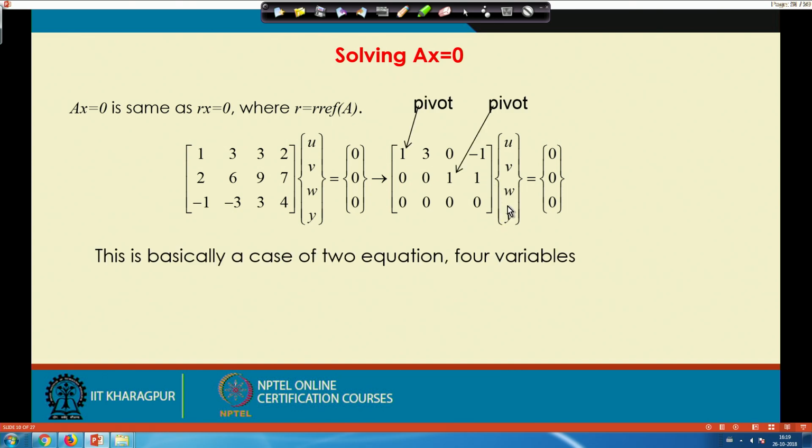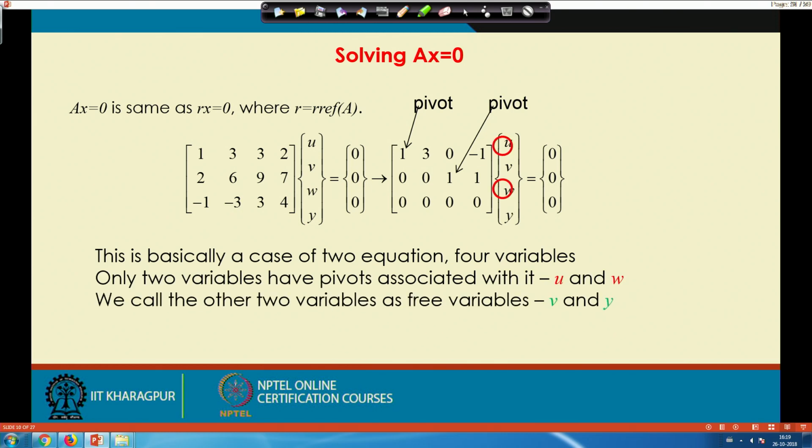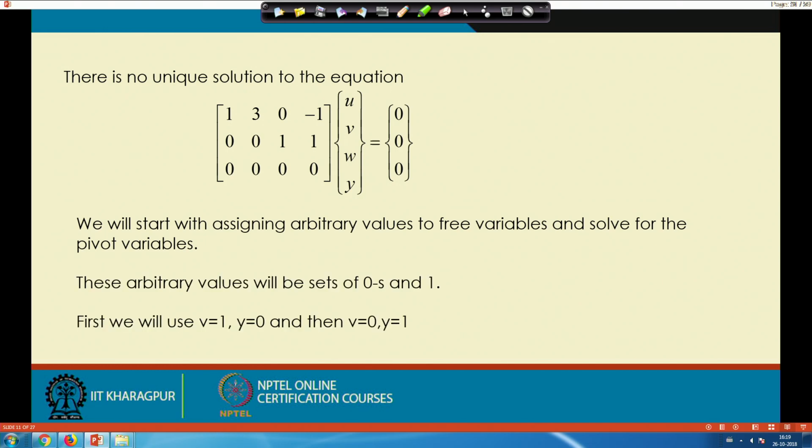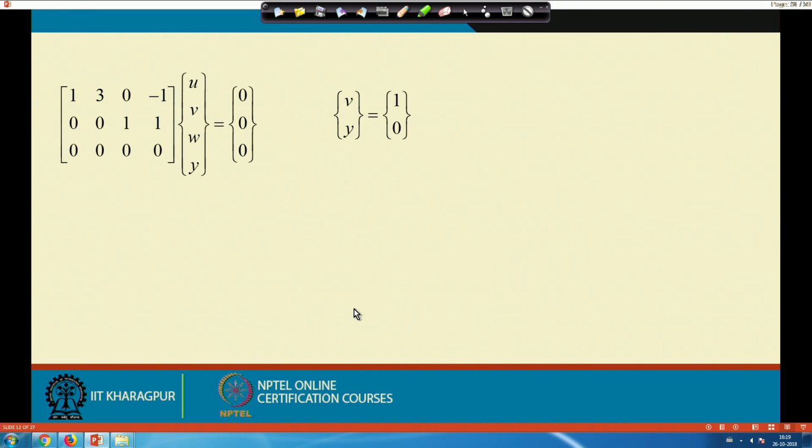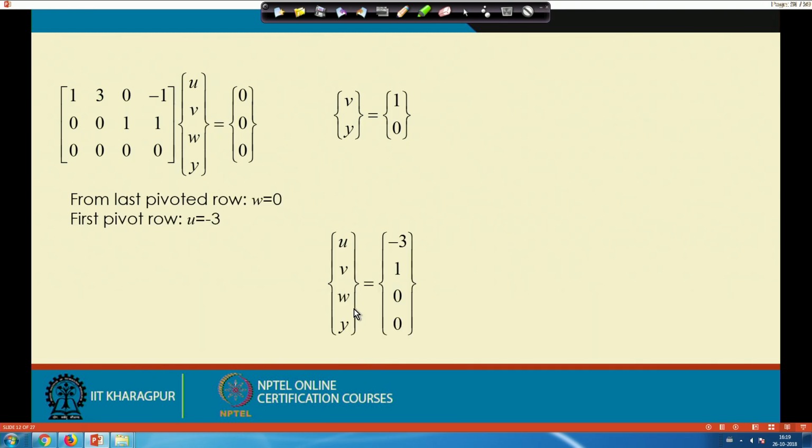These are the free variables, and you can follow the steps I have worked out in lecture 16 to see how you can get the different null space solutions.